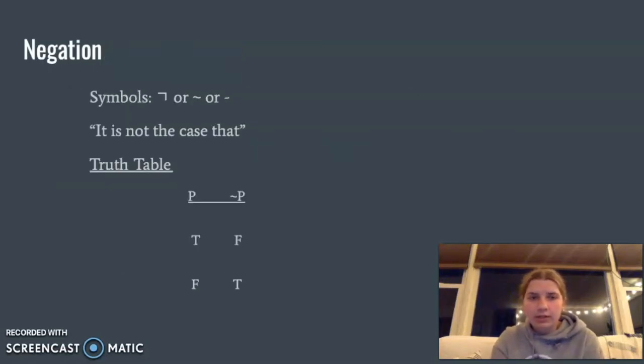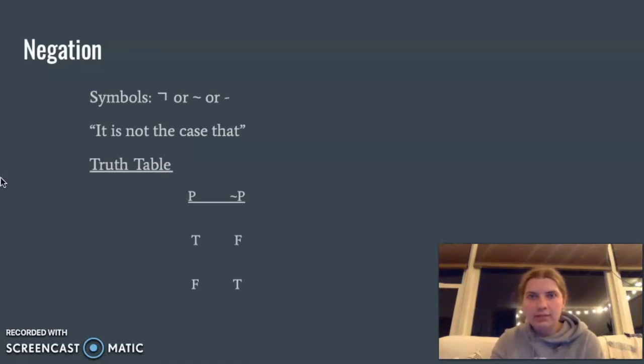First, we have negation. The symbols for negation are these. I do not know what they're called, but it's basically this, or that. And we know that a sentence or atomic sentence is demonstrating negation if it is "not the case that."